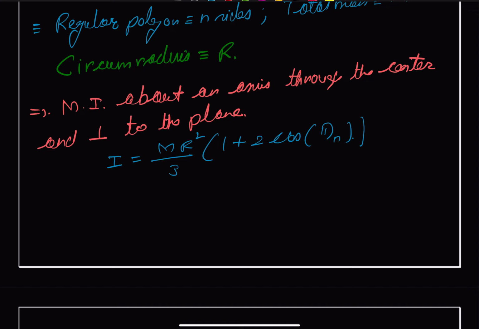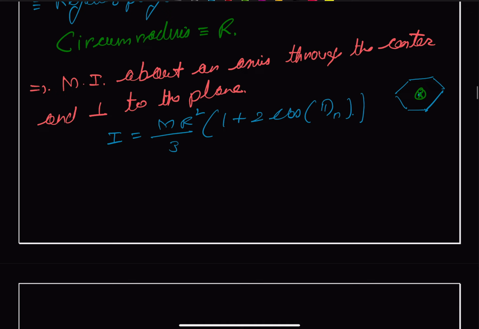So in this case, suppose we are having a hexagon, and this particular formula is directly based on the axis which is passing through the center, like this. Okay, and we know that the number of sides for hexagon is 6, so we can easily find out our angle, which will be coming as pi by 6.